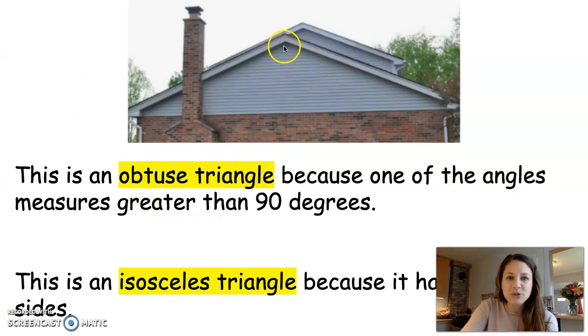So this would be an obtuse triangle because this top angle here measures greater than 90 degrees. It's also an isosceles triangle because it has two equal sides. This top line and this one would be equal.